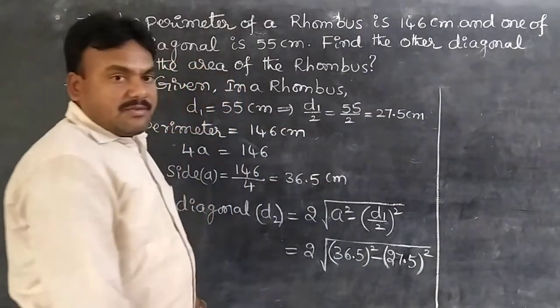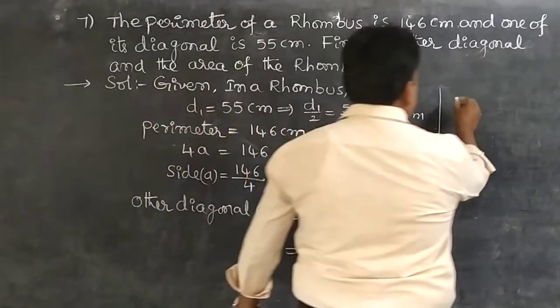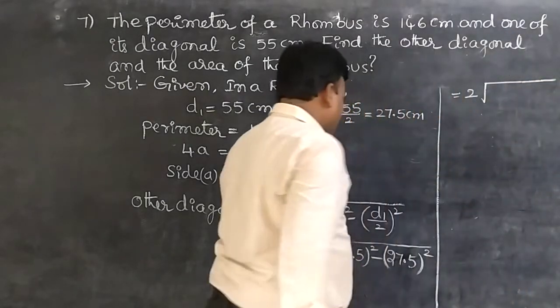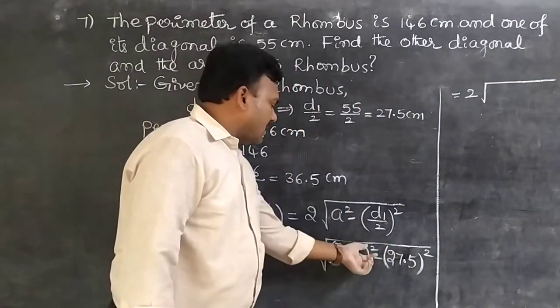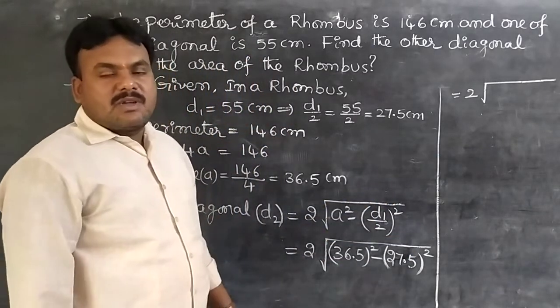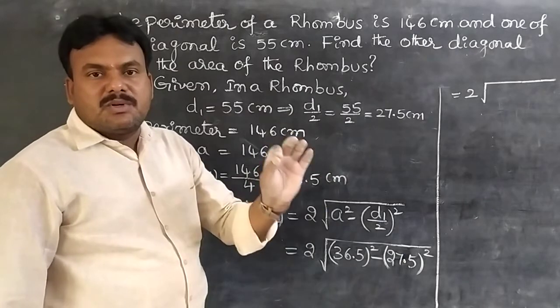Clear, students, all of you? Right. Then that implies 2 into square root of this is in the form of a square minus b square. So a square minus b square equals (a plus b) into (a minus b).